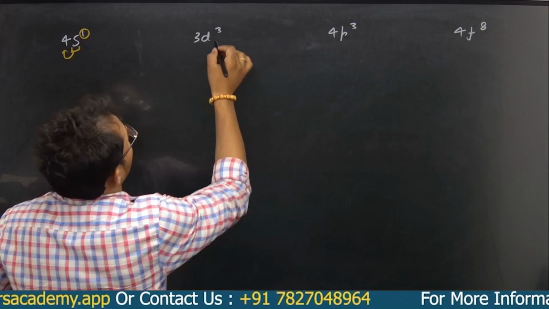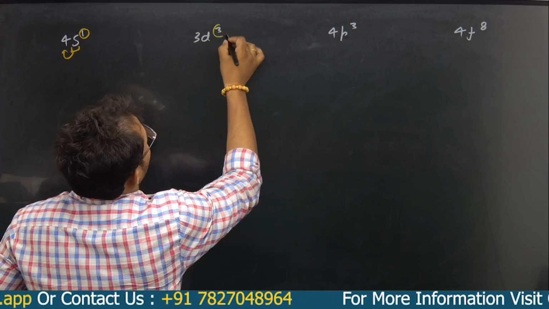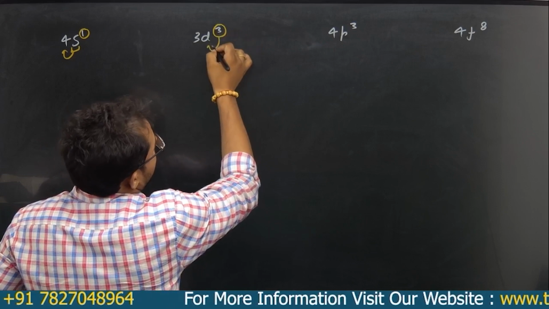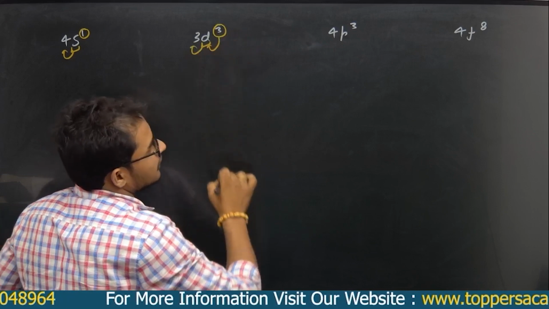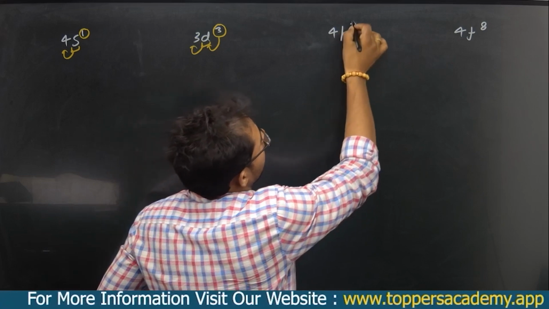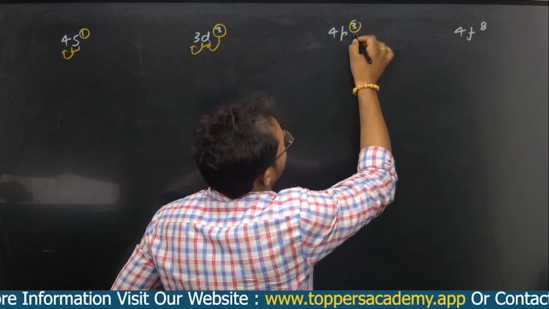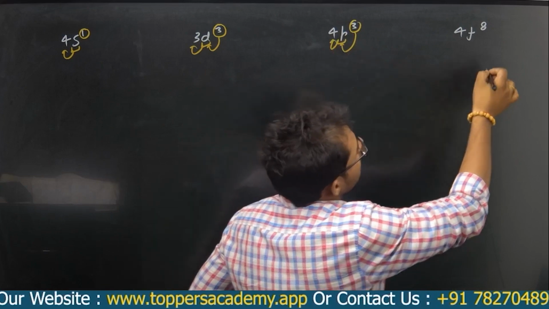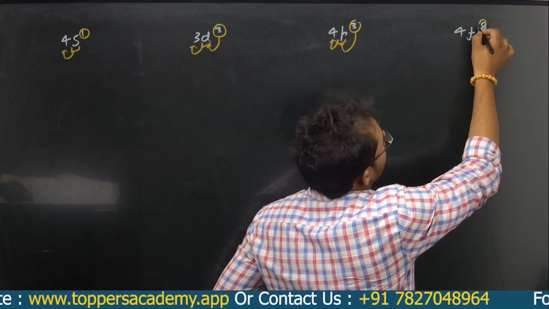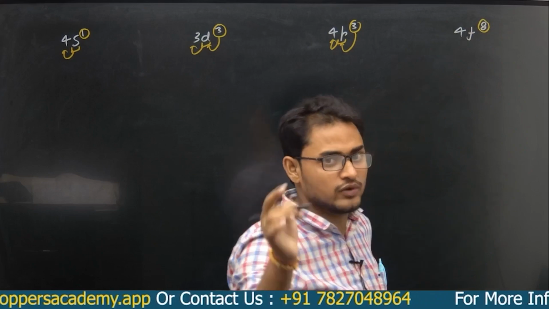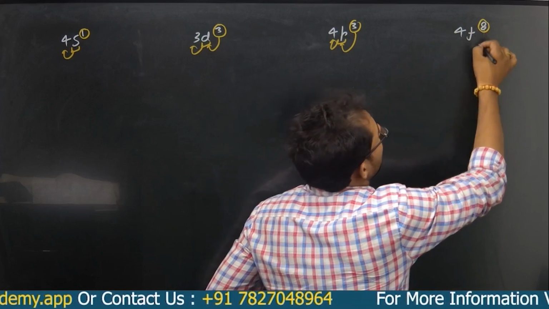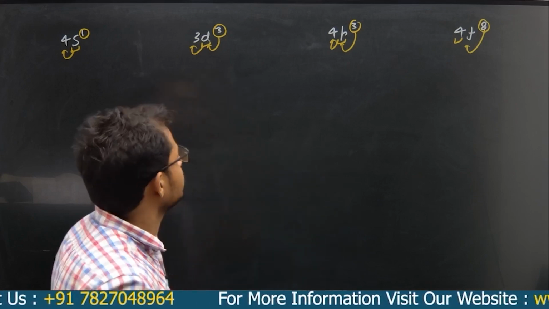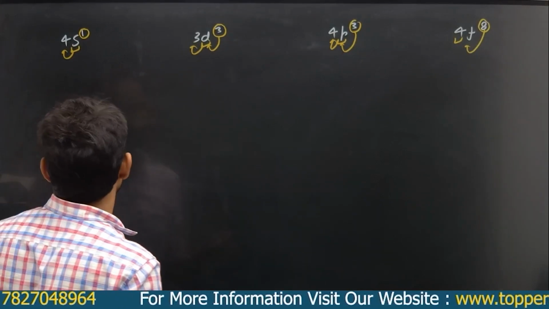We have to calculate the quantum numbers for the third electron which is present in the d subshell of the third shell, for the third electron in the p subshell of the fourth shell, and for the eighth electron which is present in the f subshell of the fourth shell. Right. Now I will discuss it.